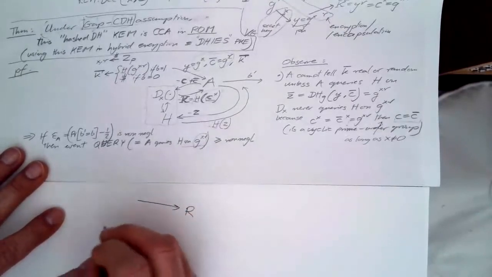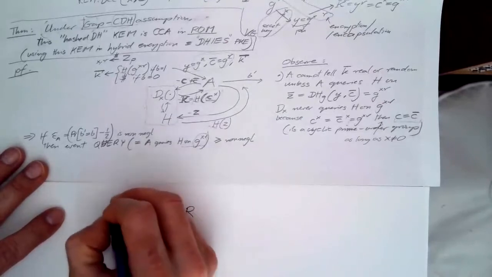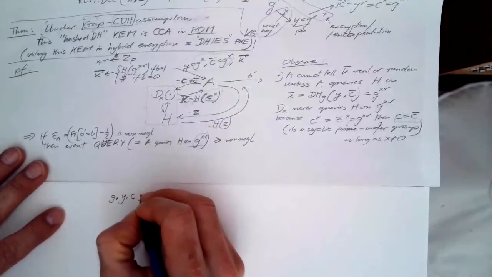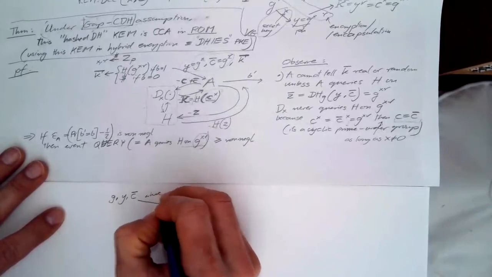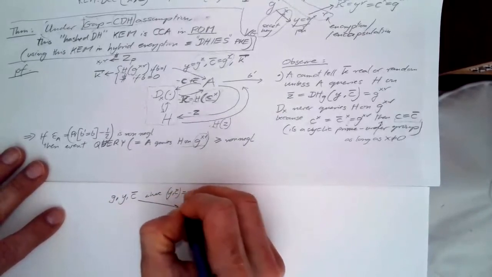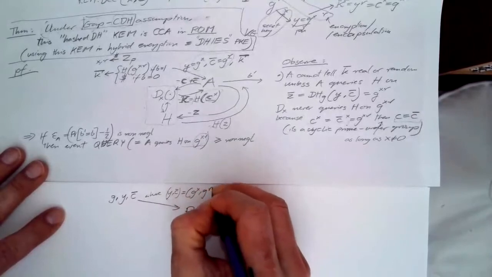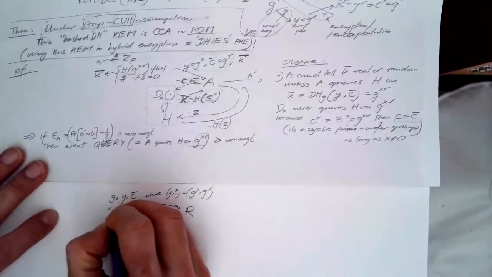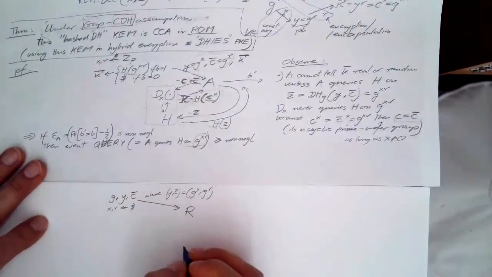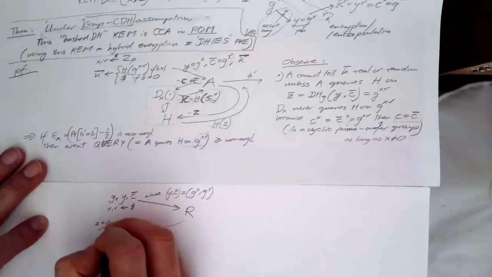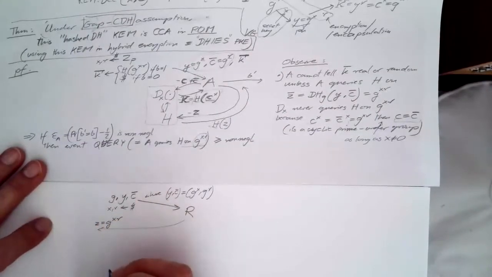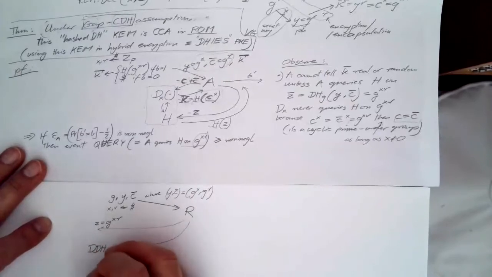It gets two group elements, Y = g^x and C-hat = g^r for random x and r. Its aim, of course, is to compute the answer g^(xr). That's what it wants. But it will use this Diffie-Hellman oracle.